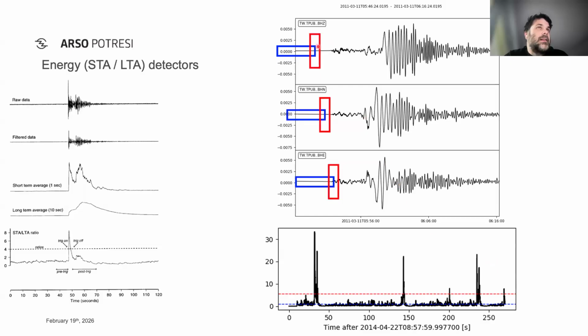Normally it's very good for detection of the P wave, the first one. Then for the S wave, it already has problems because the long-term window will be full of this noisy data now, and the ratio cannot become very high. So normally we get much lower spikes for the S wave than for the P wave.